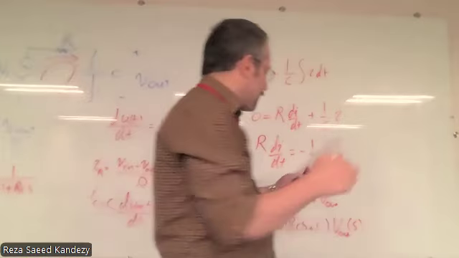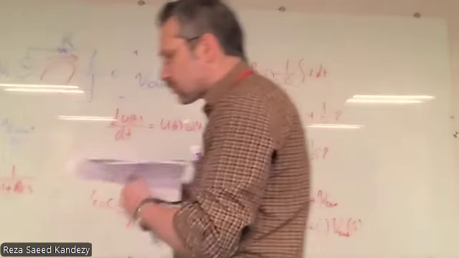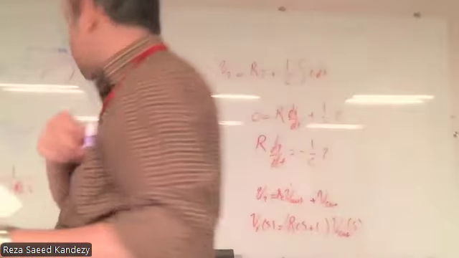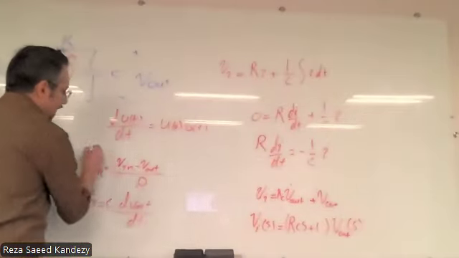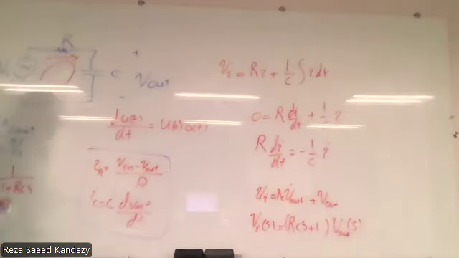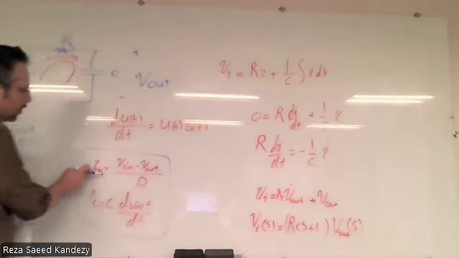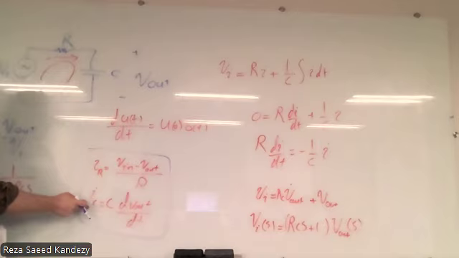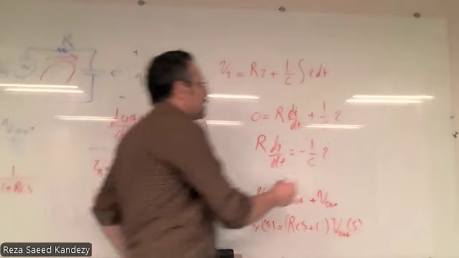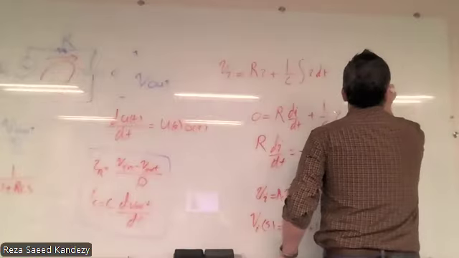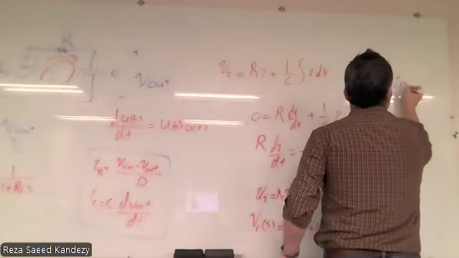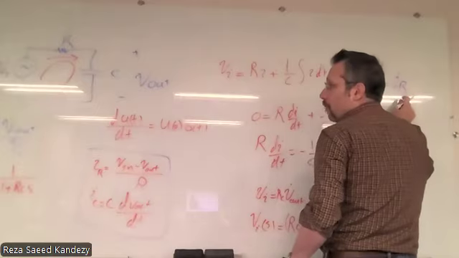Another way to do that, let me give you another way, is with the currents. This is maybe the simpler way. We have the currents and we know they are equal to each other. So another way is to simply write the formula IC equal to IR.